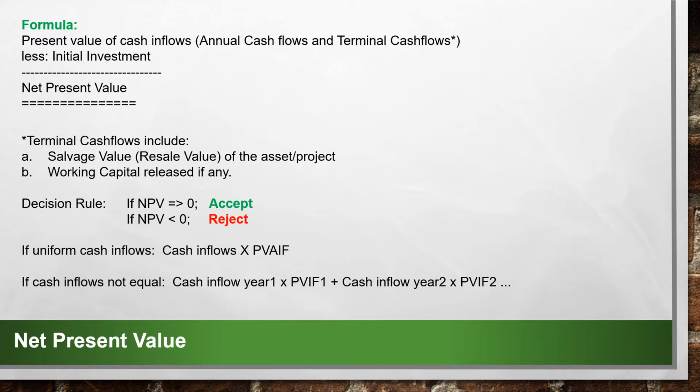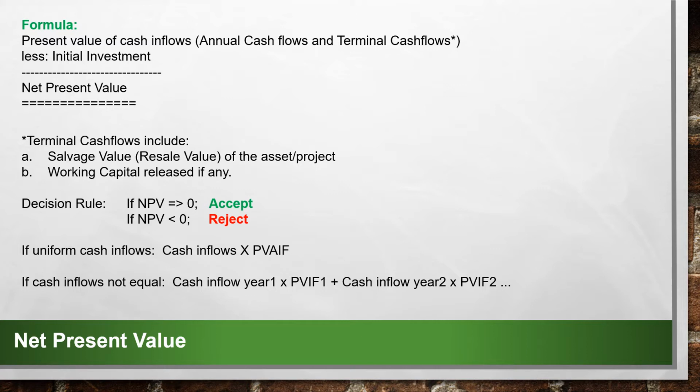If our cash inflows are uniform, our formula would be cash inflows multiplied by the present value of annuity interest factor. That will be the factor that we use to discount our cash inflows to get the PVCI, or the present value of cash inflows.